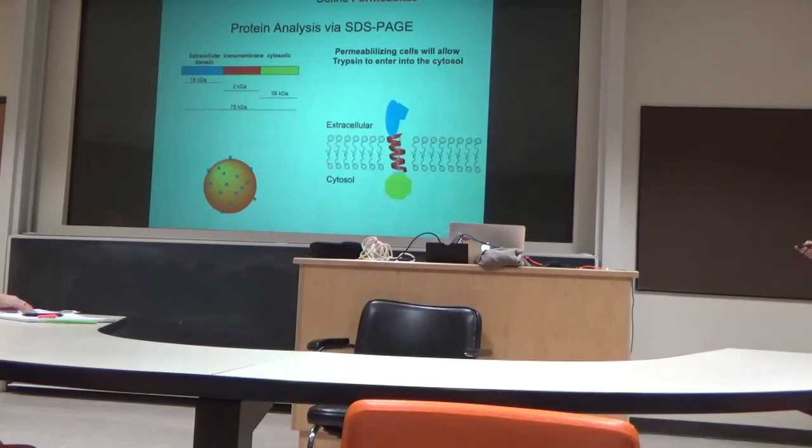Saponin is one of them that might remove some cholesterol. So little holes are put in there, and what that does is it allows trypsin to enter the cell. It doesn't extract the protein as we saw with a higher concentration of other detergents. Rather, it allows trypsin to enter the cytosol, and of course trypsin then will cut things up into tiny smithereens.